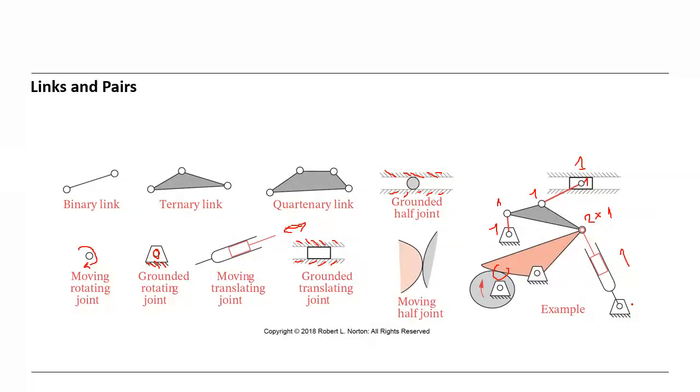And here we have 1 degree of freedom, grounded rotating joint. And here we have 2 because it's a higher pair. And here we have 1 degree of freedom. This is the grounded rotating joint, and so on.